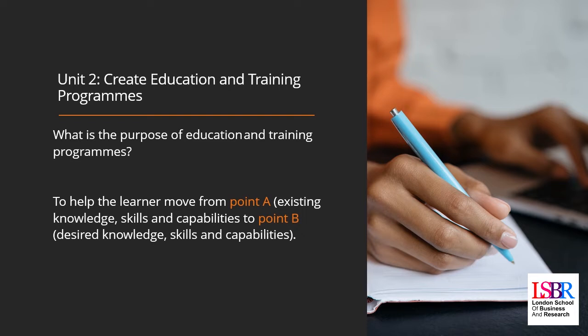So I would like you to think of the training and development program as a journey that your learners are being taken on. They start at point A, and by the end of the training session, they are at point B. For instance, they will have met their learning objectives with your support.